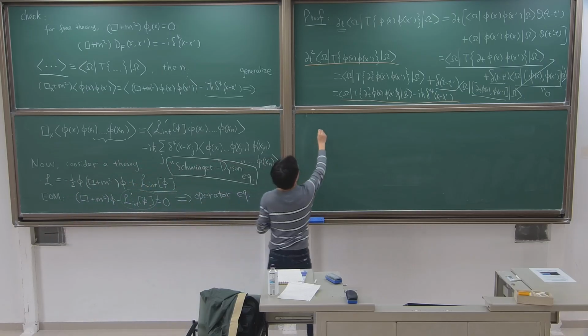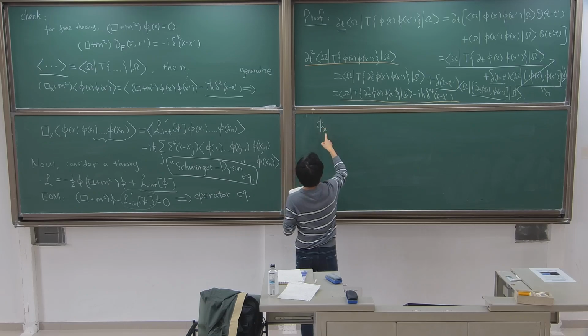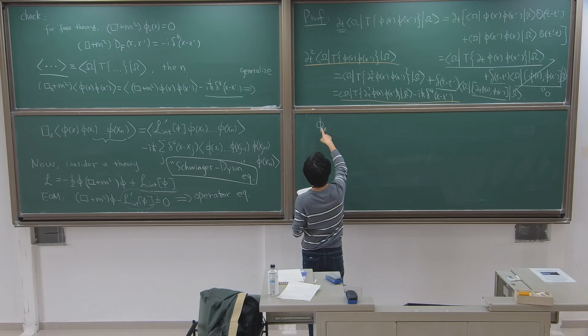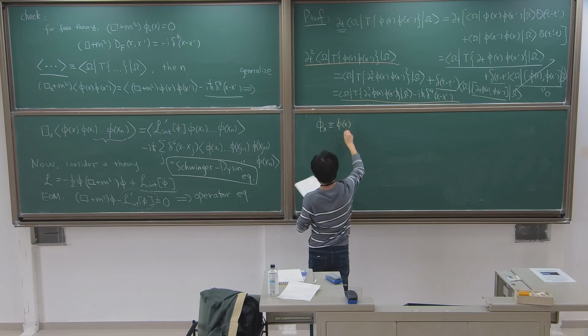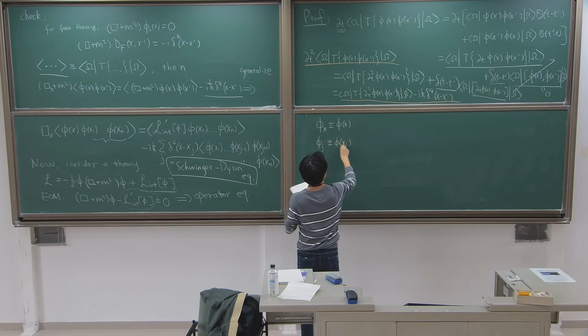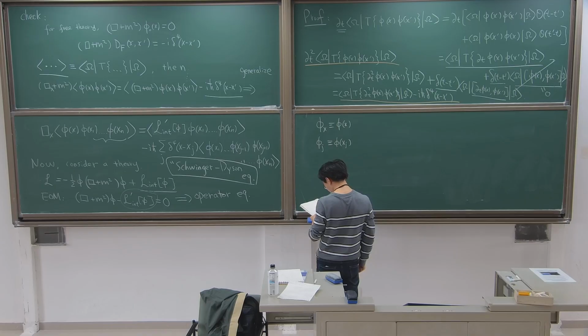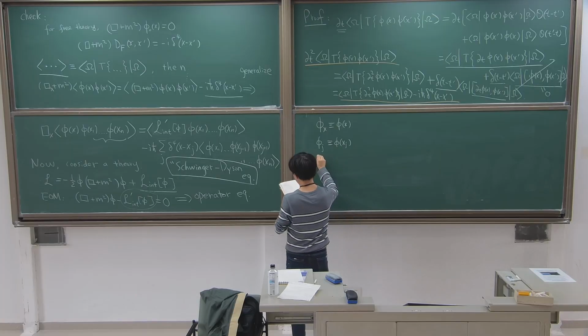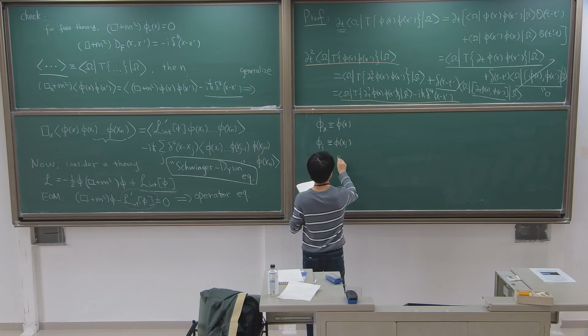We are just using this subscript to denote phi x_i, and phi_j to denote phi x_j. And delta_xi, just relabel a few complicated objects.